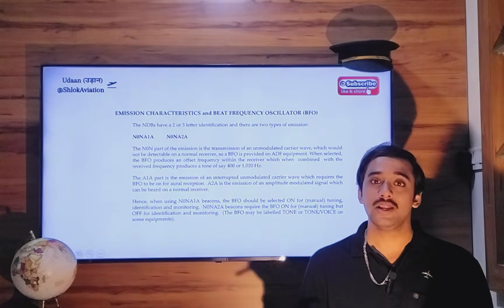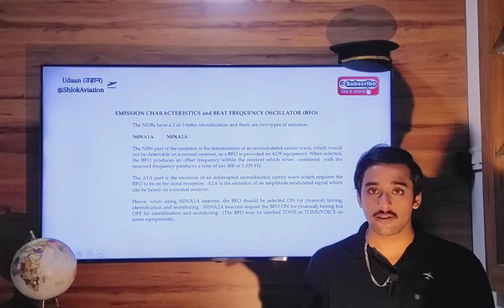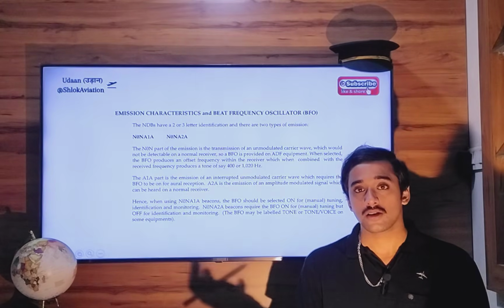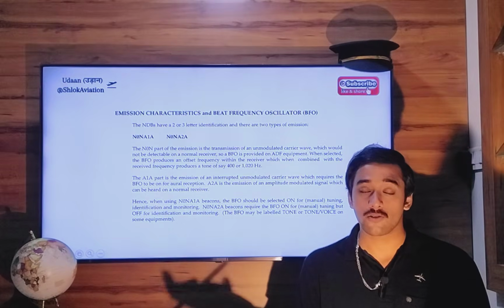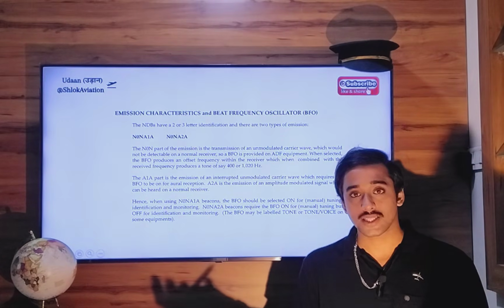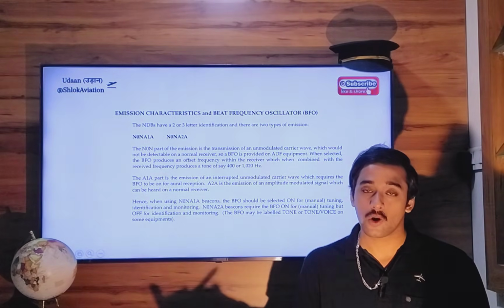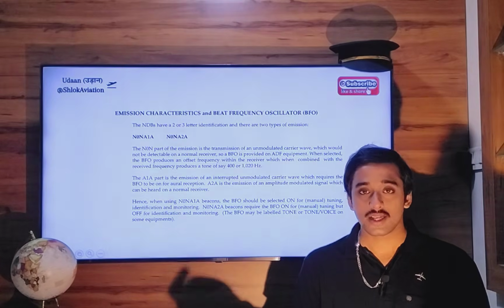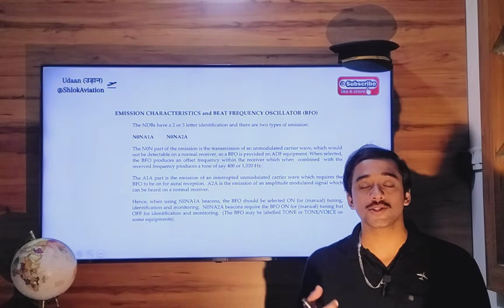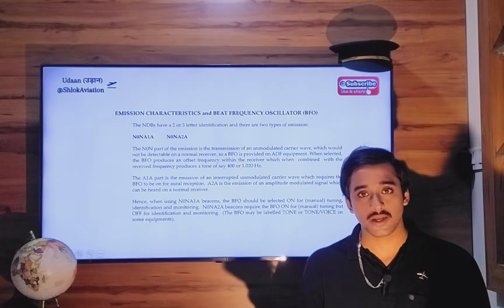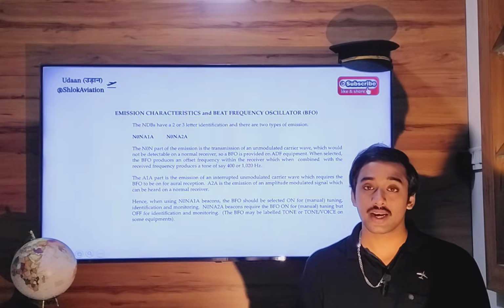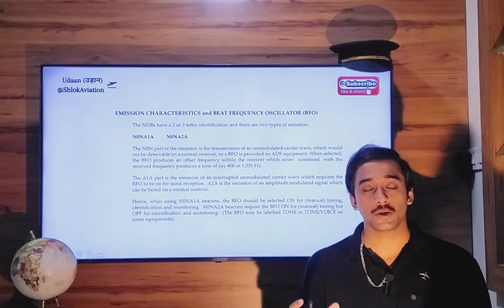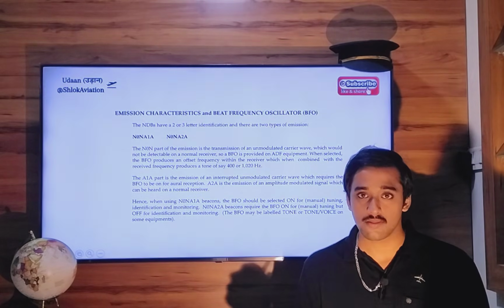So in order to enable you to hear the identification of the NDB station to which you are going to tune and use for your flight, there is another provision made called beat frequency oscillator. This beat frequency oscillator helps you to tune to the NDB station, hear the identification, and make sure that you are tuned to the correct NDB station.